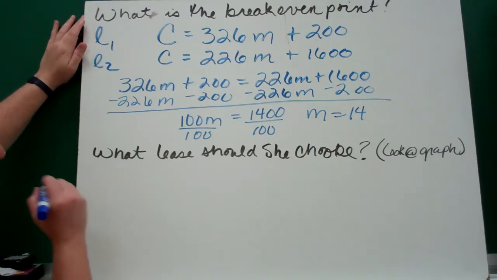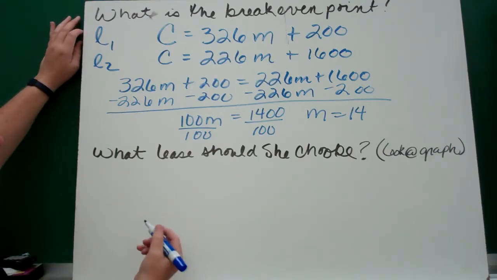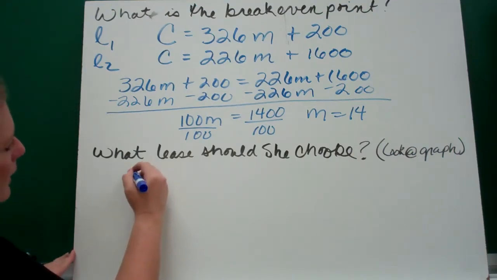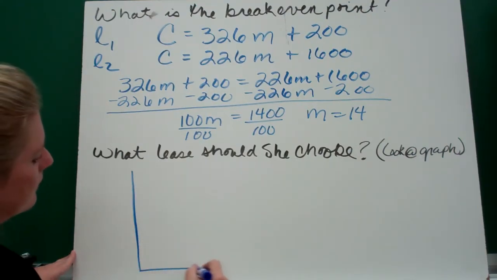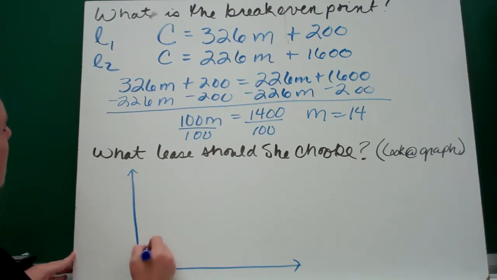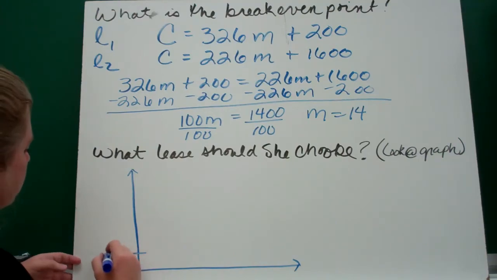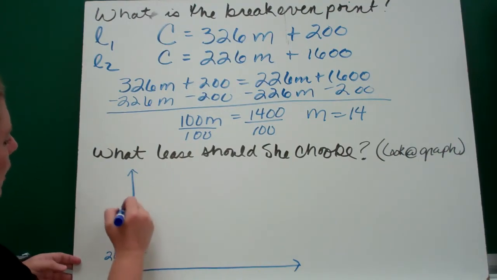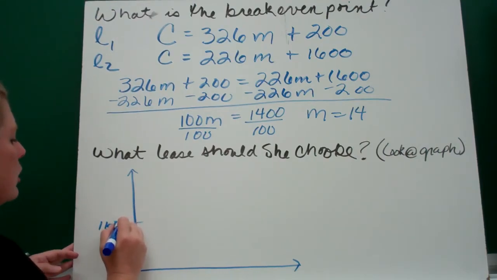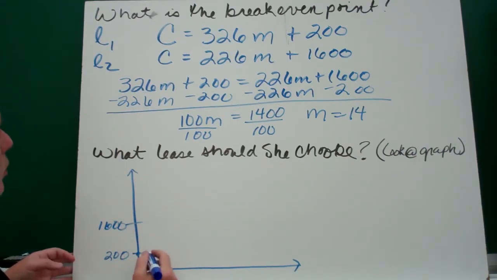So in 14 months. Now, which lease should she choose? Okay. Well, actually, if you graph these, okay, lease 1 would start low at $200 and then increase from there. And lease 2 would start at $1,600 and increase.